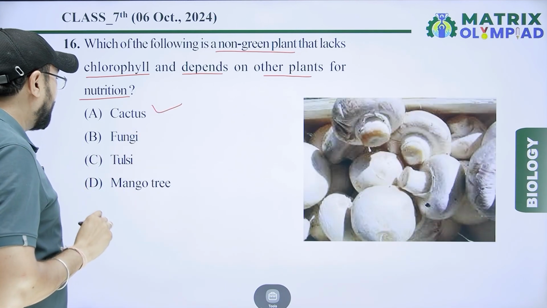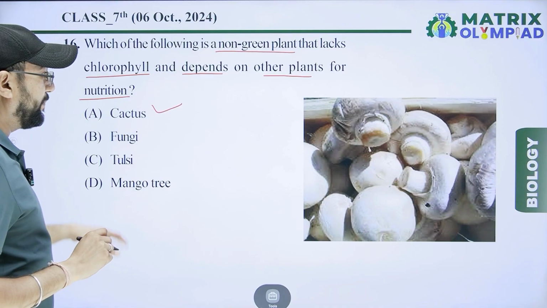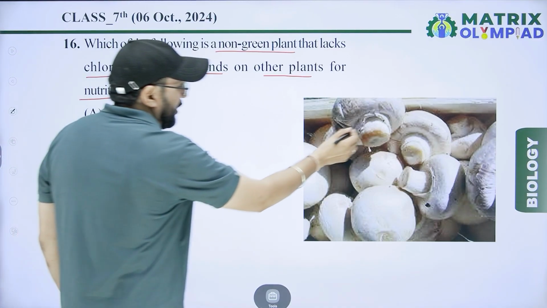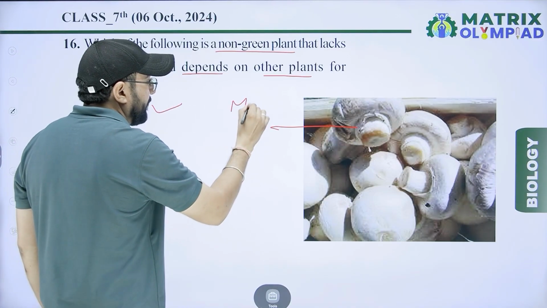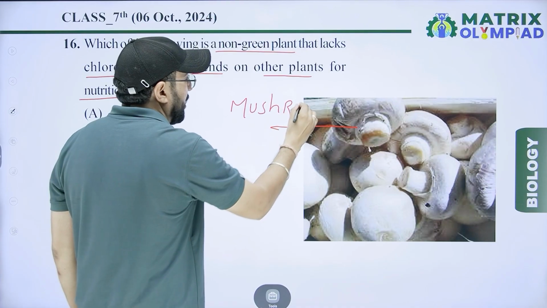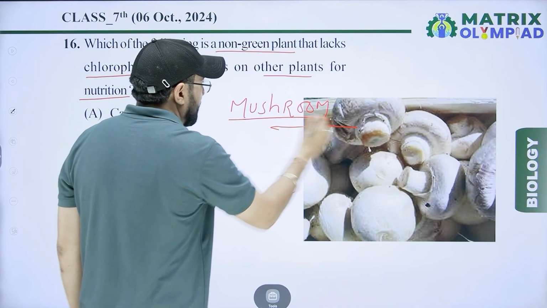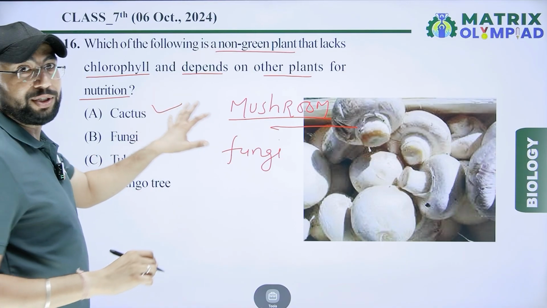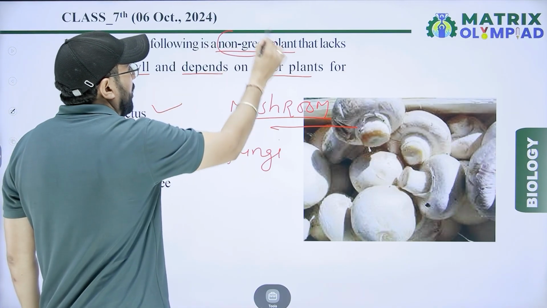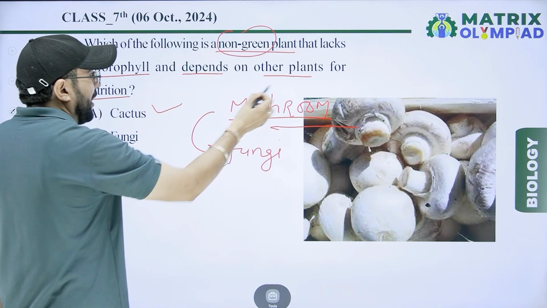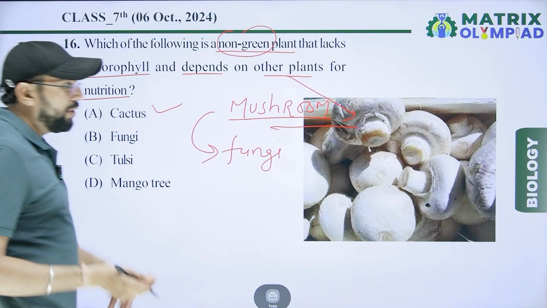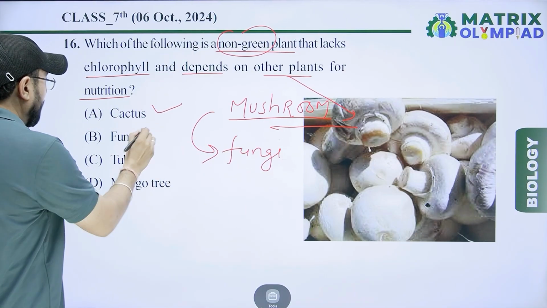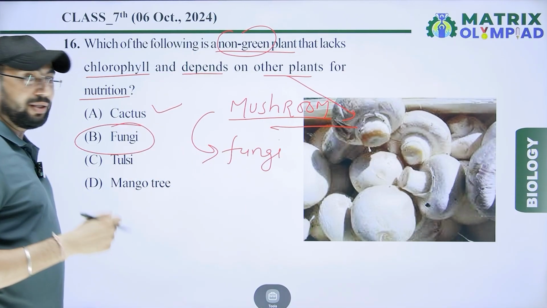Next, fungi, tulsi, mango tree. In the diagram, this is an example of mushroom, button mushroom, and these are fungi. Fungi follow this question, non-green and dependent on another for nutrition. So fungus is the right answer for this question.